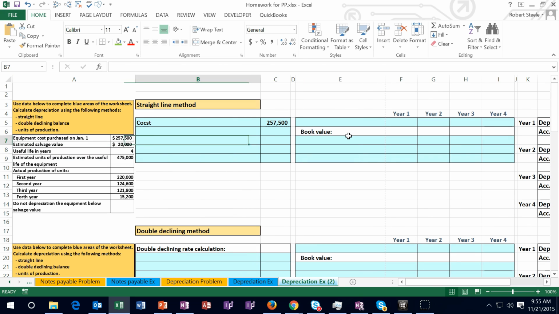So if we did that, and again, a long kind of format to calculate this, I'm then going to say less salvage value, and the salvage value is the 20,000 here. Now, we could represent in Excel the less salvage value with a negative number in the calculation, or we could say in words, it's going to be a subtraction problem by saying less or minus. I'm going to say it's a subtraction problem in words in this case.